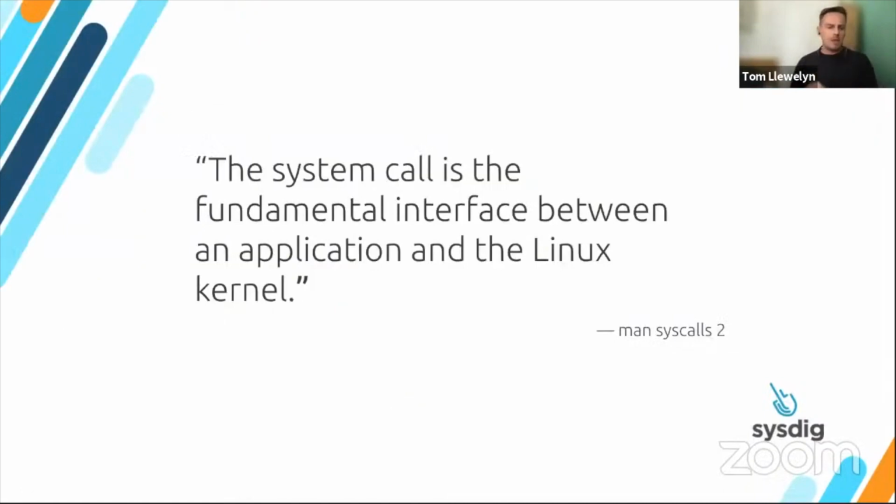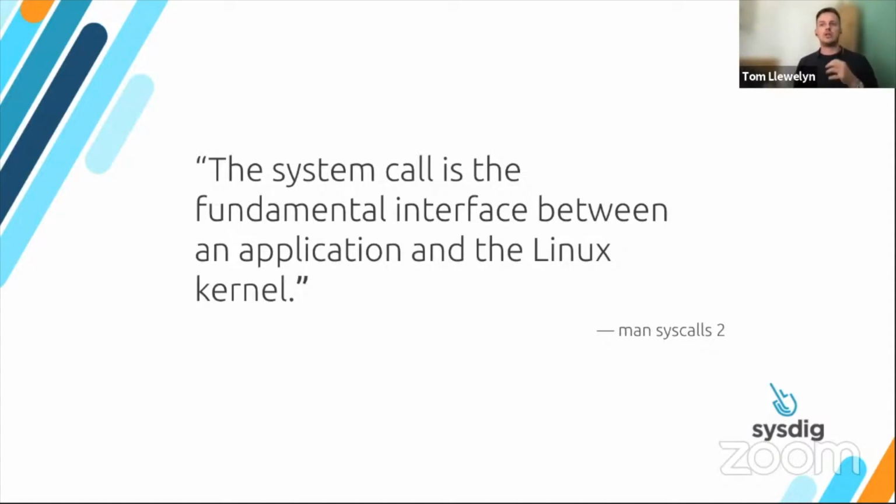So moving on to Falco and what it does. The first aspect that Falco deals with is the system call stream coming from the Linux kernel. The reason that this was chosen as an information source is because it's fundamental to everything that's happening on a Linux system.